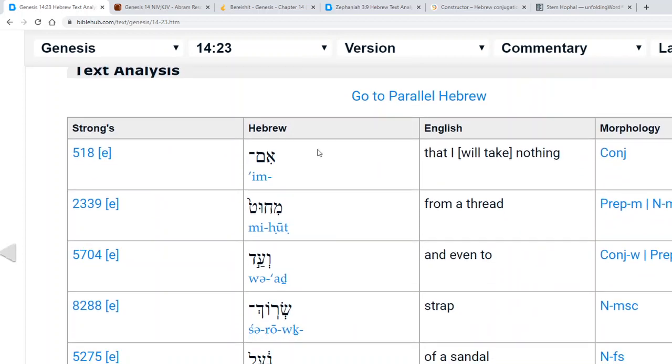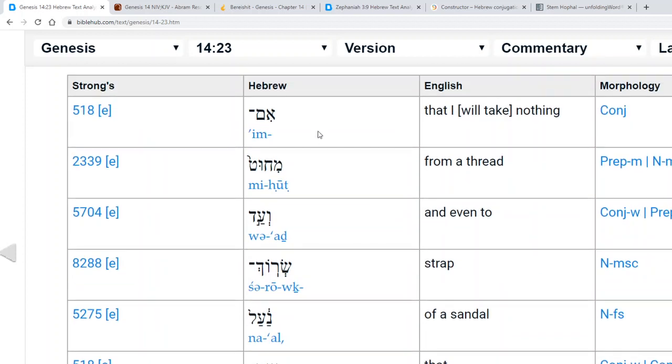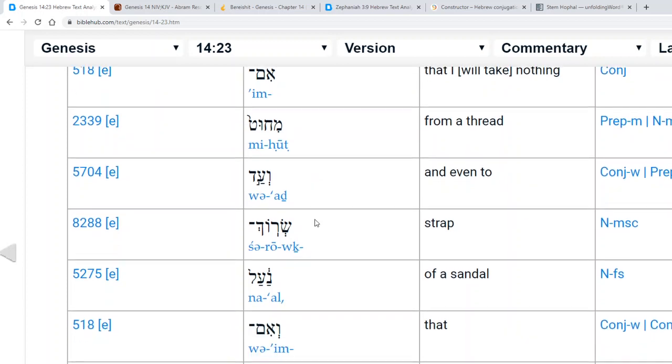Im usually means if, but here, right, it's I raised my hand im, right, against. I understand why they're translating this as I will take nothing, right? I would probably translate this im as if. I would, yeah. I would translate it as if. I think that would come through in the rest of the thing.